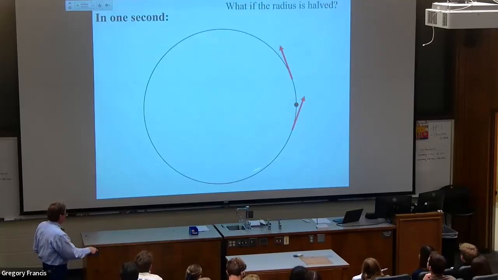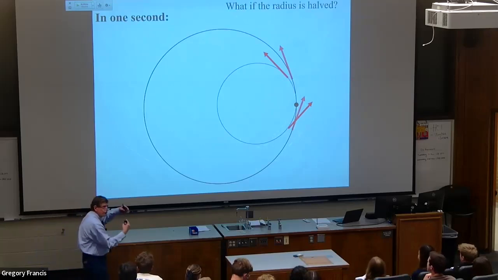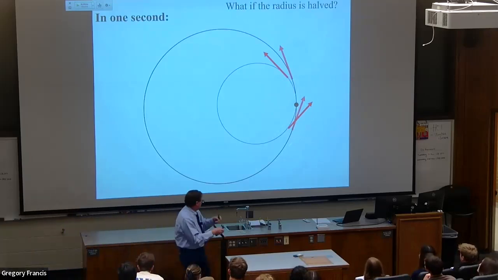Well, now let's go back to the 30 miles an hour. And instead of going around this gentle track, let's go around a track that has half the radius. You see that my velocity vectors are the same length, but because this is a sharper turn, the direction of those dark red arrows are more radically different from each other.